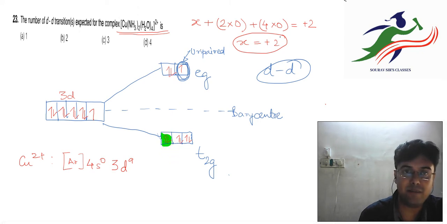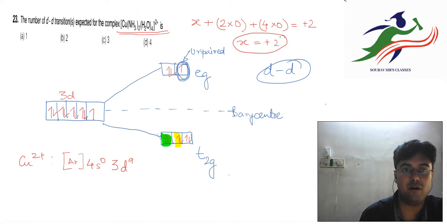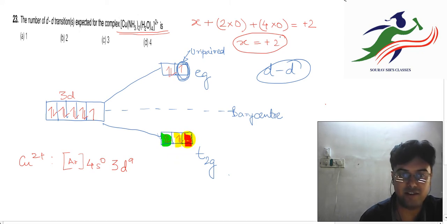Similarly for this one, the one with the lower spin or downward spin will be possible for the transition, and similarly from here also. So that leaves us with 3 possibilities, one from here, one from here, and the third one from here.